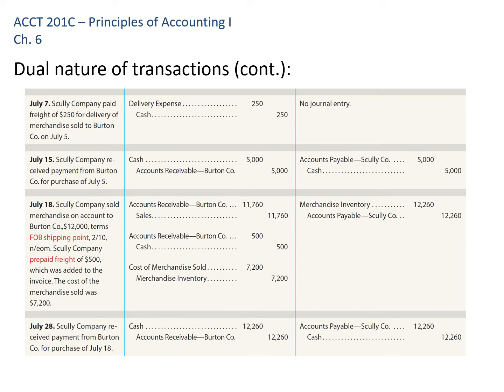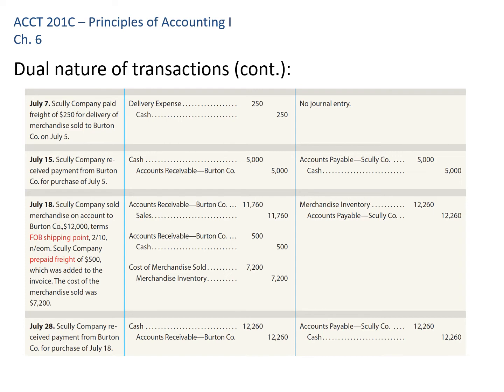They don't have an entry to record. Then Burton pays Scully for that first invoice that was issued. So Scully will receive $5,000 of cash and reduce her accounts receivable. And Burton does the opposite. They debit accounts payable to reduce their liability and credit cash.